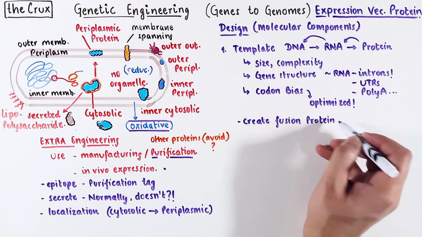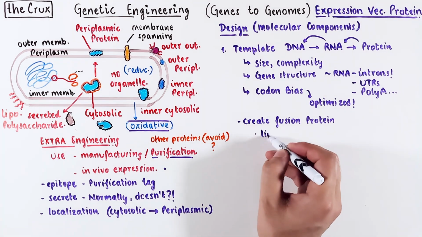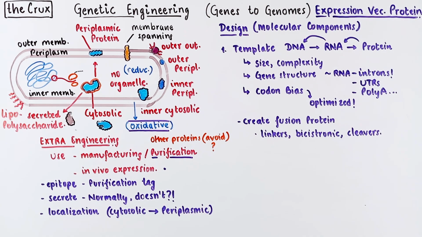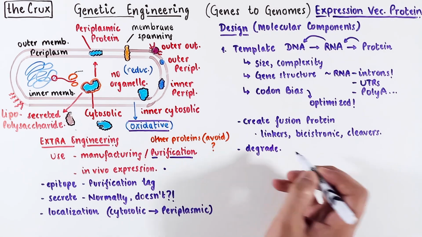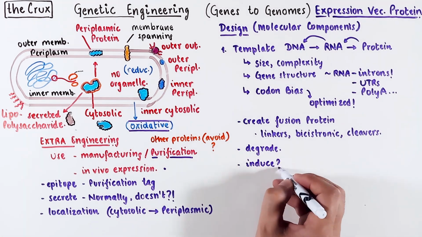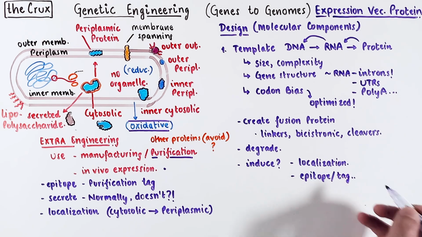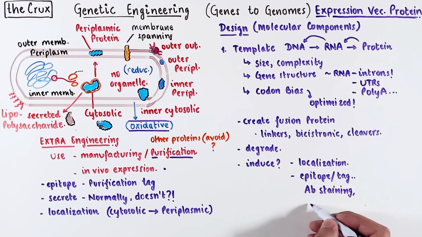In that case, you may need linkers, bicistronic systems, or cleaving domains. If you want to control degradation of a protein, induce it at a specific setting, change localization, add an epitope for staining in Western blots, or microscopy, any modification to the protein will require extra engineering. In the next video, I will discuss the molecular components in much more detail.